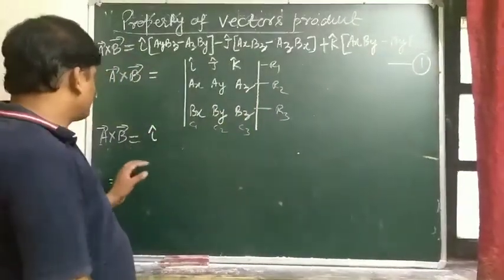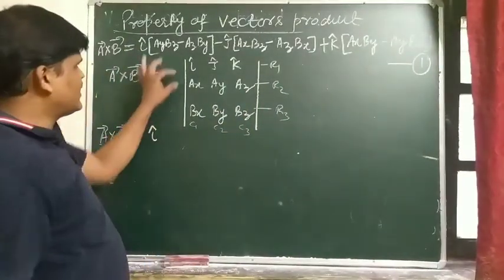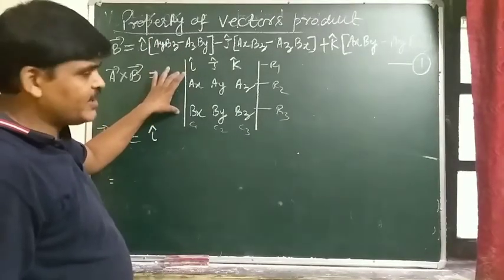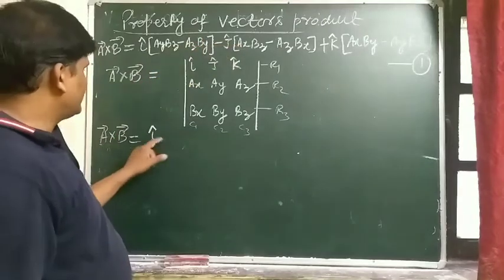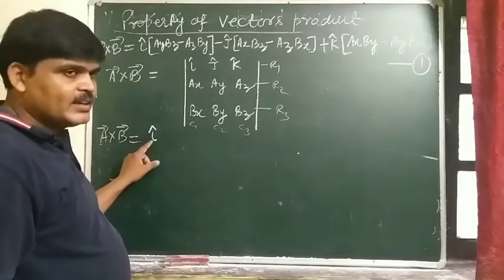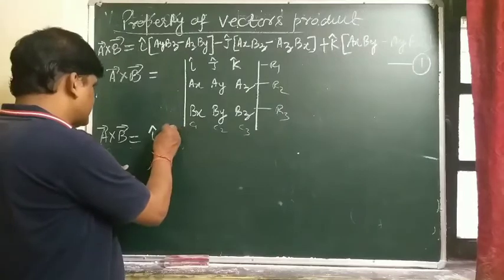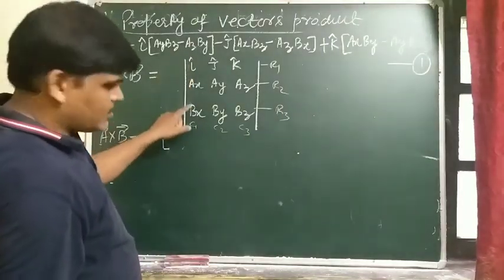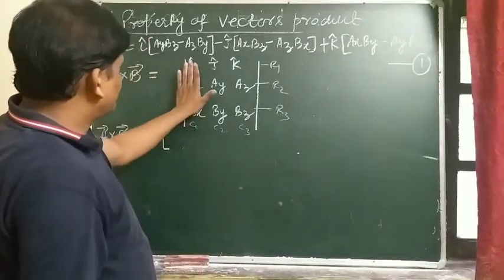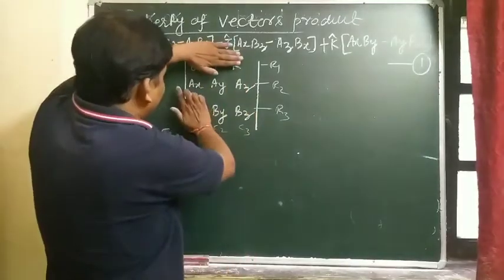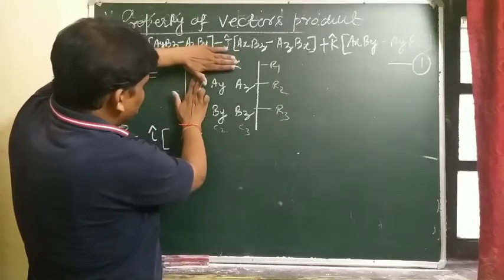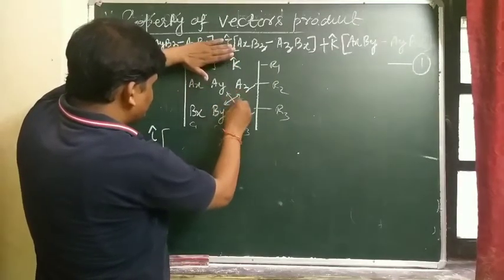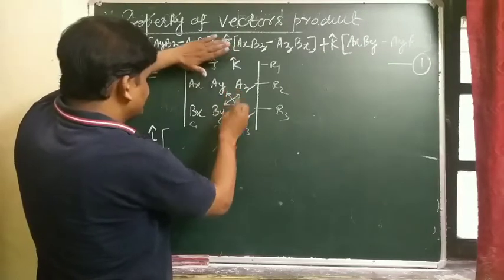So student, when we take an expansion of this determinant, listen carefully, the same answer comes out when we take I outside. This determinant means first column, first row, you hide it, and cross multiply this one and this one. The same process takes place for each case.